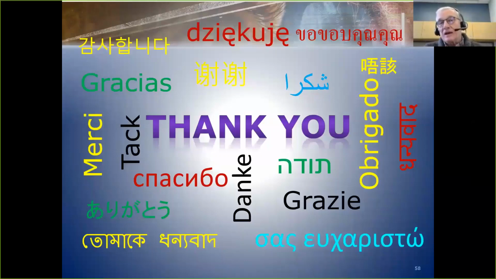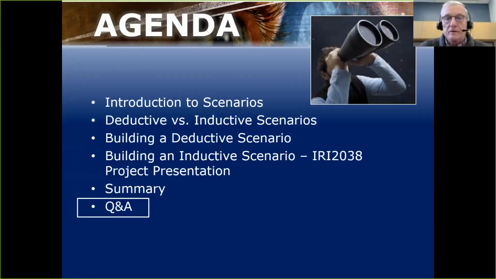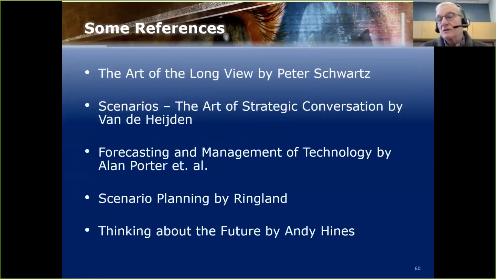If there are people who've trained, they have a lot more tools than I've talked about. There are some books. I think both of these talks have a list of a few books at the end. Yeah, there it is. There are some books you can get a hold of. Like I said, these Shell scenarios are published every year. There's actually a society, the Association of Professional Futurists, I think it is.